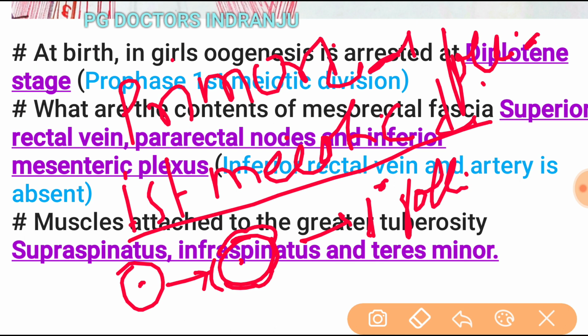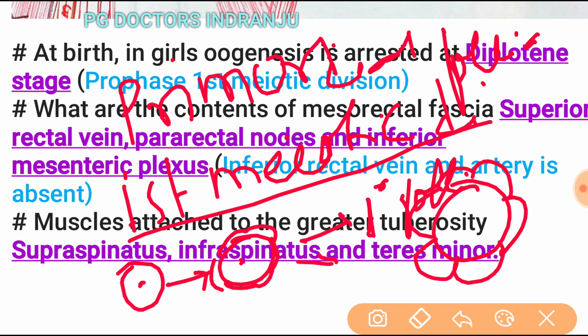It gets bigger in size, and the flat epithelial cells convert to cuboidal cells. This starts the division under the process of the first meiotic division and gets arrested in the diplotene stage.